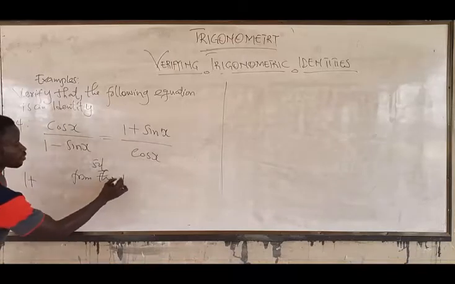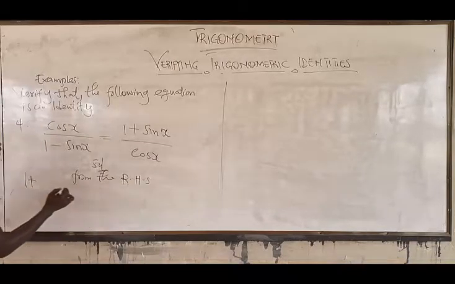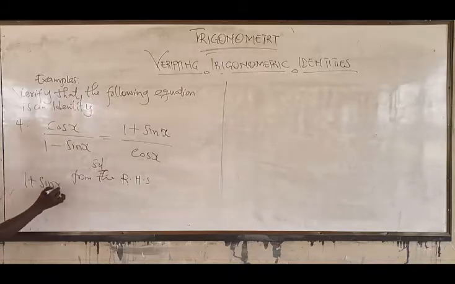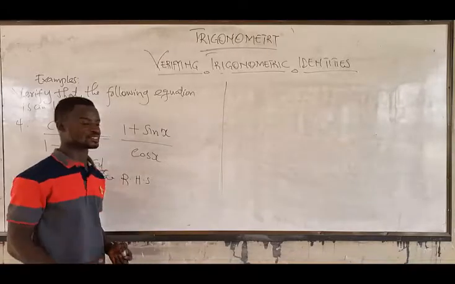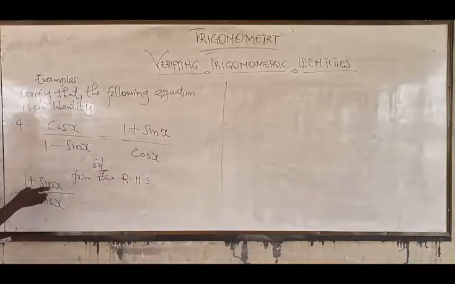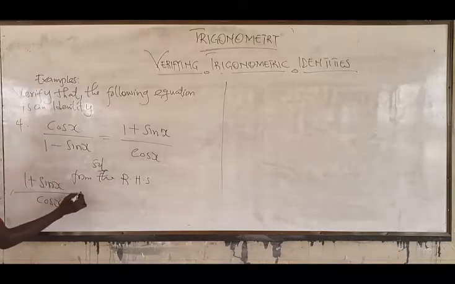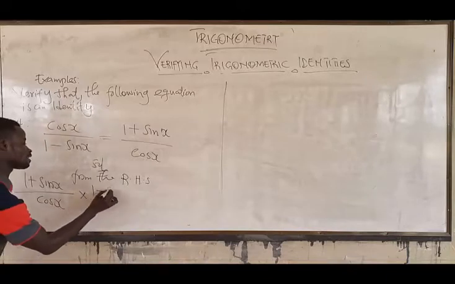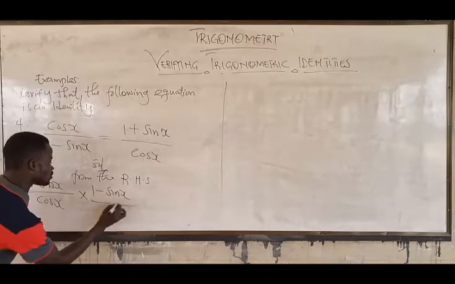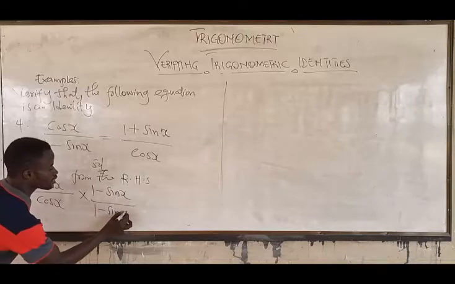So from the right hand side, 1 plus sine s over cos s. With this, we use point 6 from the hints to say that we have to rationalize this. It is by multiplying this by 1 minus sine s over 1 minus sine s.